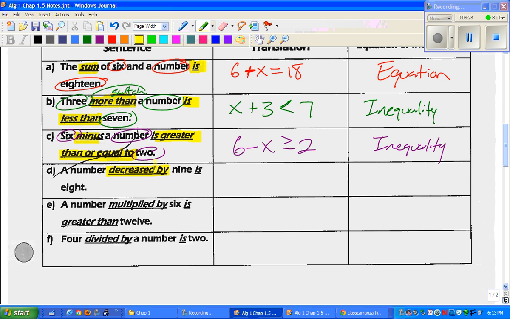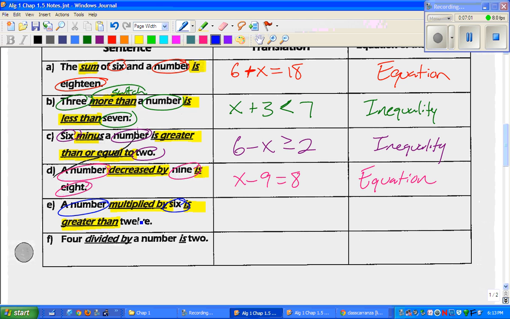Next one, a number decreased by 9 is 8. So let's see, we got a number, 9 and 8. So a number decreased by 9 is 8. And since we've got an equal sign, that makes it an equation. All right, next one. We have a number multiplied by 6 is greater than 12.